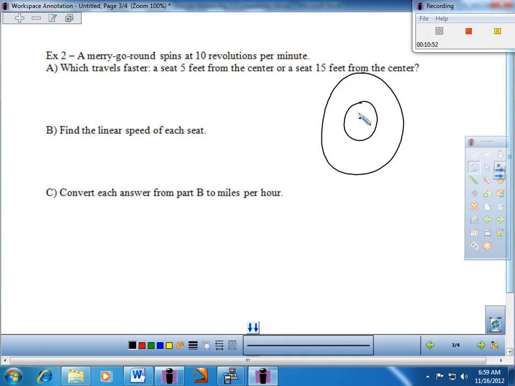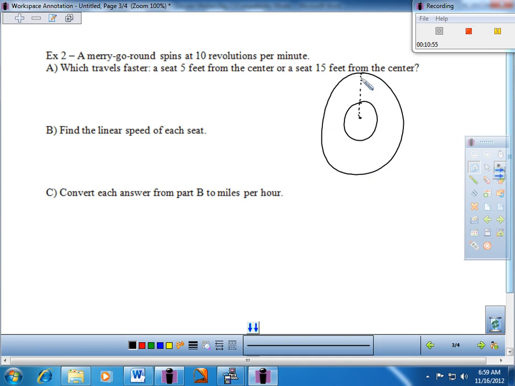I don't know if that'll be helpful visually or not for you. But basically, each one of those is able to make 10 revolutions in a single minute. So again, 1 revolution, 2 revolutions, etc., 10 in a minute. This one up here, everybody, 10 revolutions in a single minute.